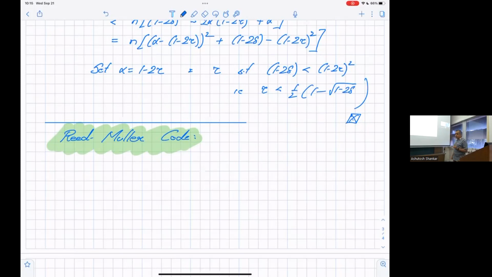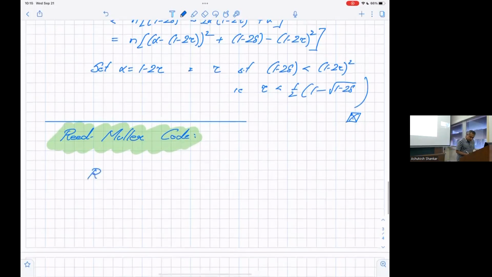So what was the Reed-Solomon code? Reed-Solomon was a polynomial evaluation. The message, you viewed it as the coefficients of a univariate polynomial.